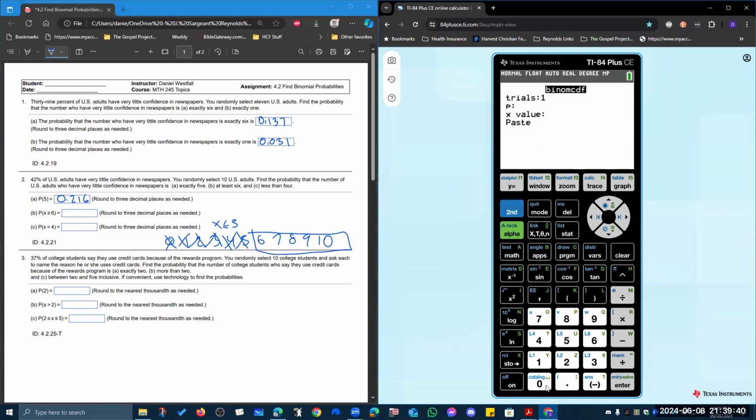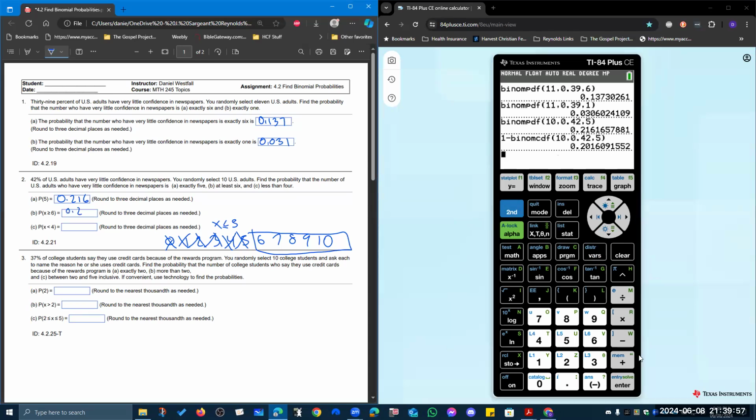And we're going to have 10 trials. We're going to have 0.42 for our p-value. Our upper limit here is going to be 5 that we're less than or equal to. And so that's going to give us 0.202 when we round to 3 decimal places.